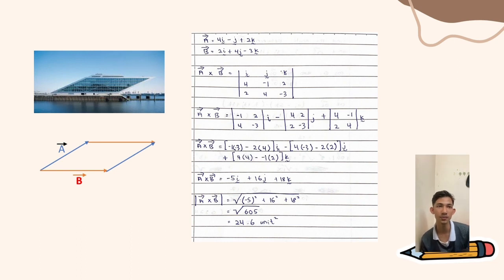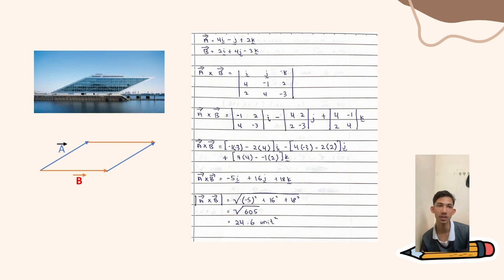Vector A cross vector B equals negative 1, 2, 4, negative 3 i minus 4, 2, 2, negative 3 j plus 4, negative 1, 2, 4 k.